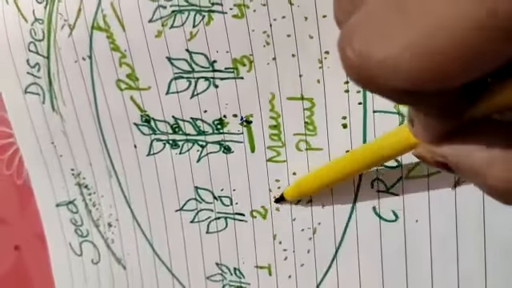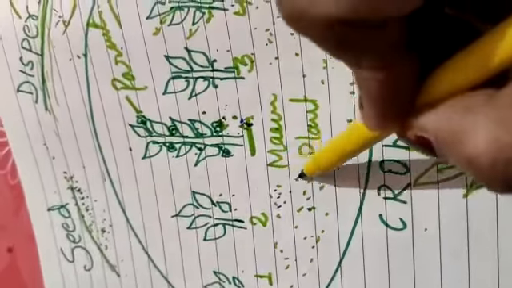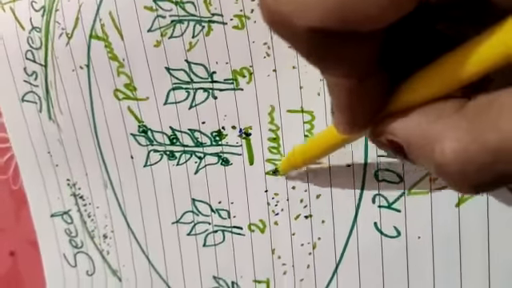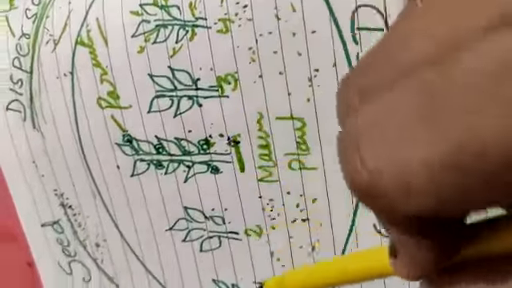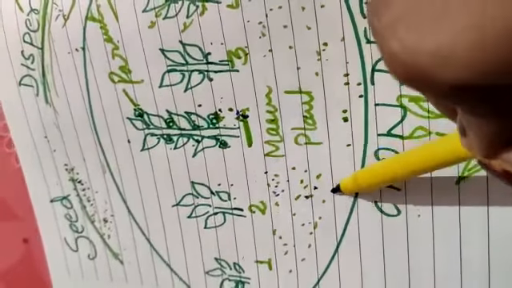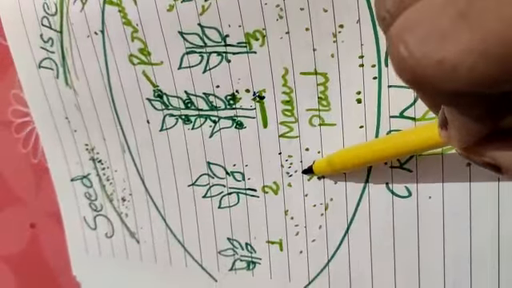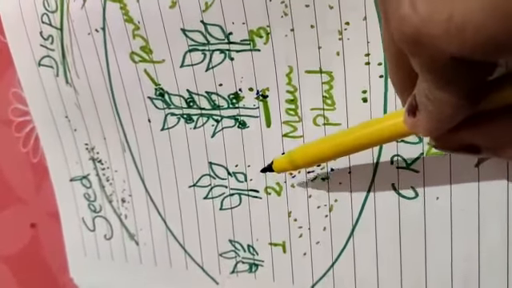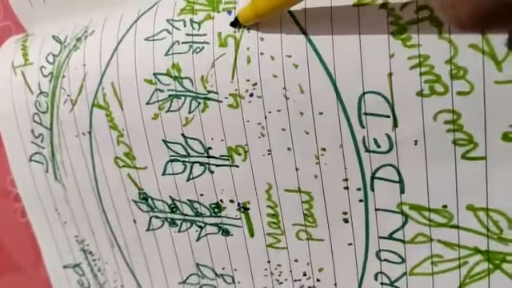But the plants are unable to take proper nutrition because the land becomes overcrowded with so many plants, so they cannot get proper nourishment, proper space, proper food and proper air for their proper development.